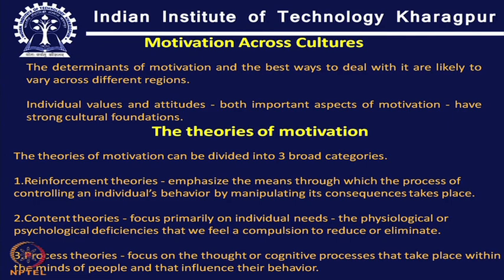When we are talking of these three things, directions, levels and persistence, as we discussed in the last slide, the outcomes which are more attractive to one person, the number of times he is going to try for certain things, and the length of time he or she is going to go on trying before leaving, which denotes persistence, will depend on the personality pattern of the individual, how important he or she perceives the goal to be, and the values which make that goal more attractive or less attractive to the person.